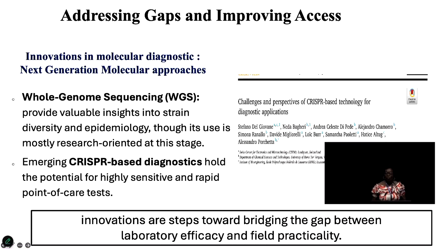We were thinking also, you know, we have microscopy, how AI can also help us to improve microscopy on the field. So we really think that the innovation step toward bridging this gap between laboratory efficacy and the field is our next step.